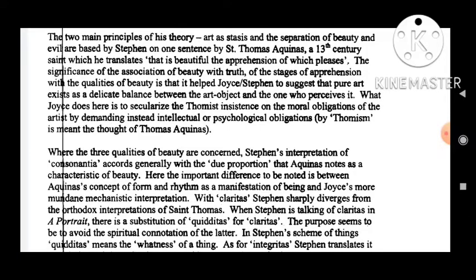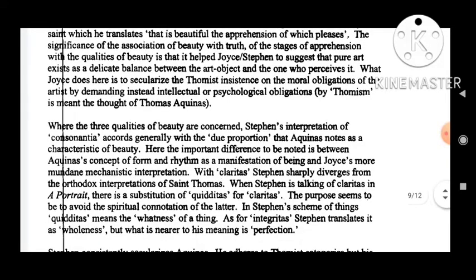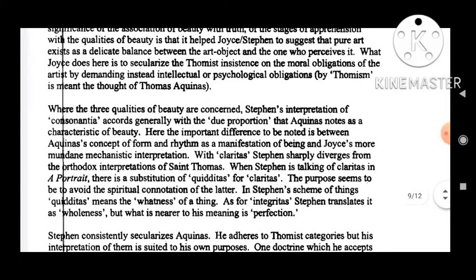What Joyce does here is to secularize the Thomist insistence on the moral obligations of the artist by demanding instead intellectual or psychological obligations.